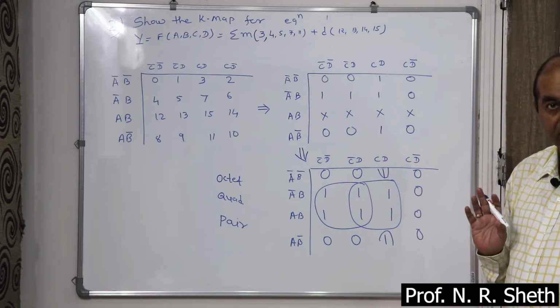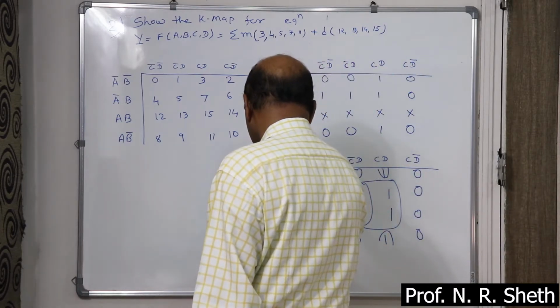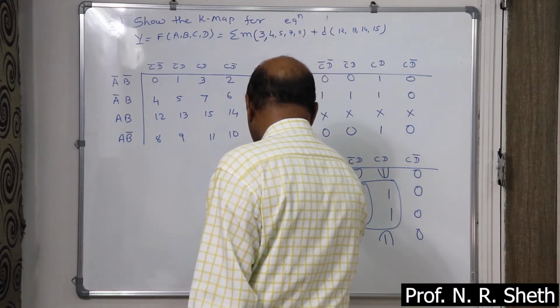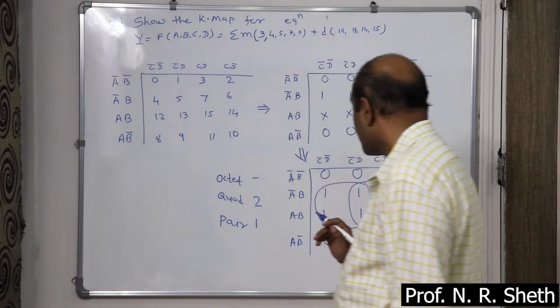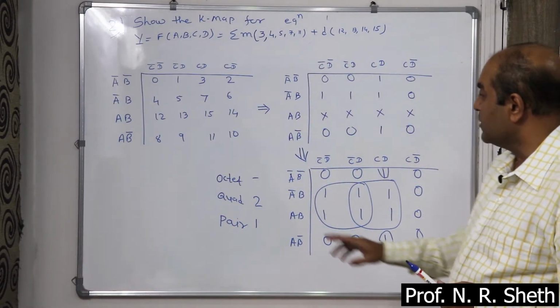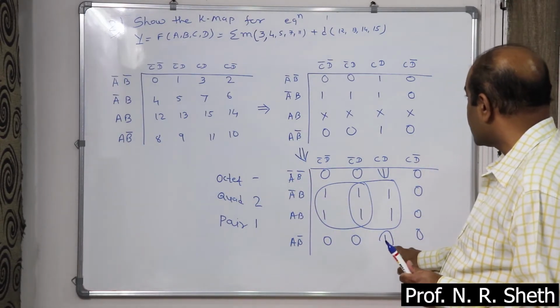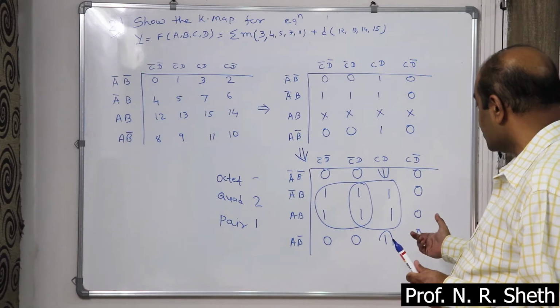So octet 0, 2 quads and a pair. In the previous example also we had 2 quads and a pair, but this pair is a different one.